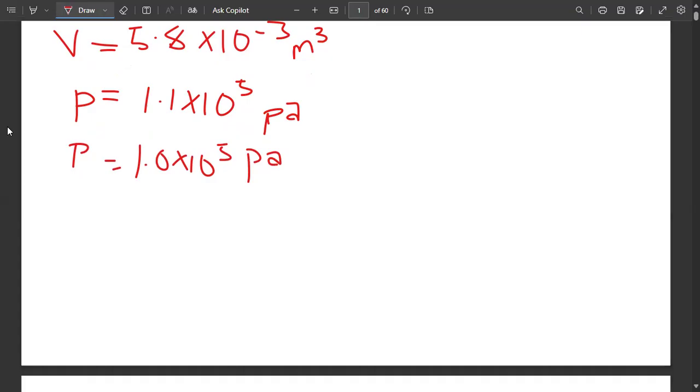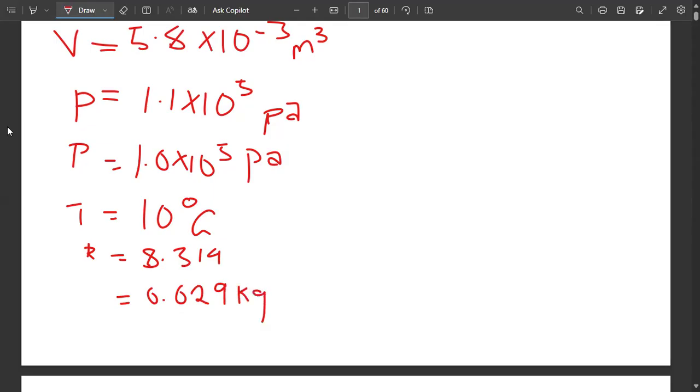Okay, the temperature they're giving us is 10 degrees Celsius, and the ideal gas constant R is 8.314. I won't put the units. And the molar mass of air they've given us in the question is 0.029 kgs per mole.